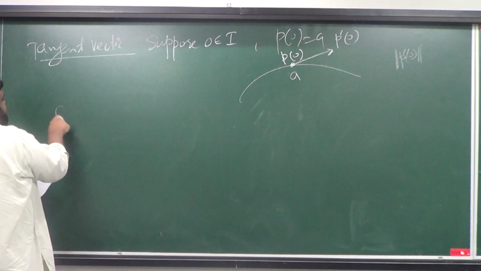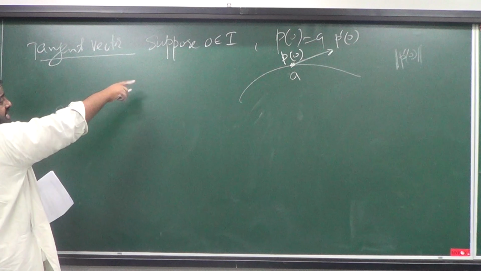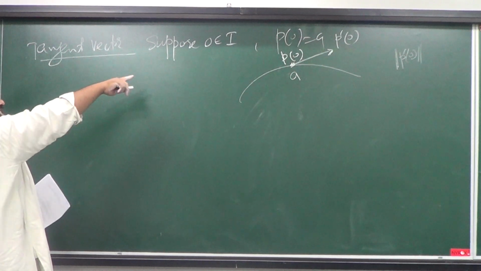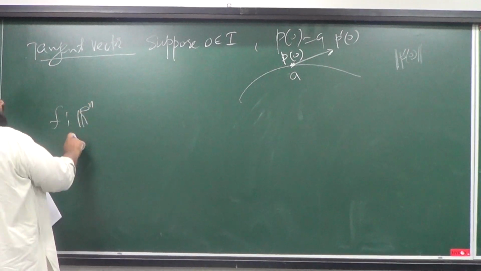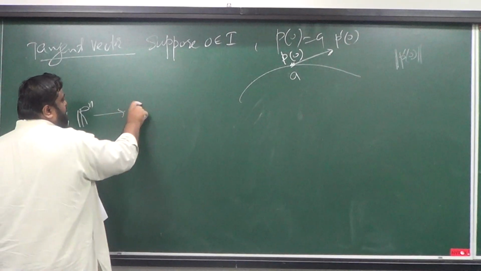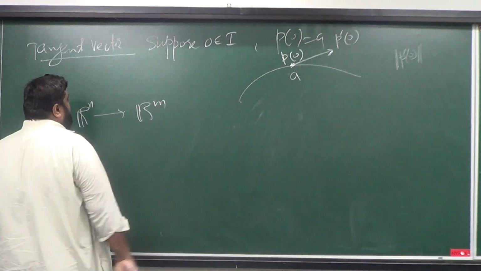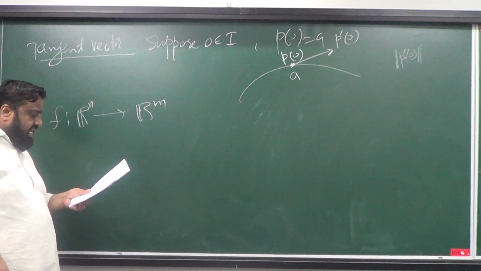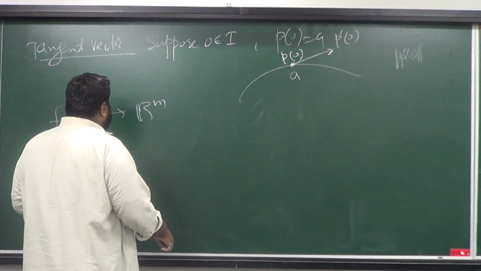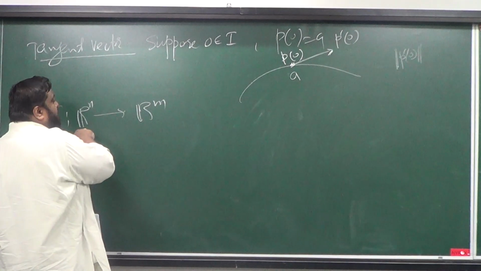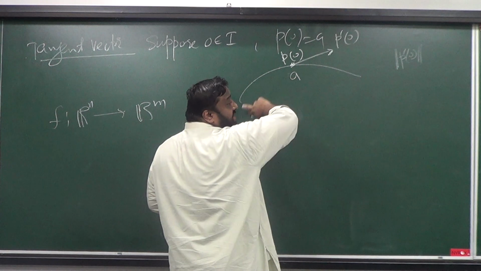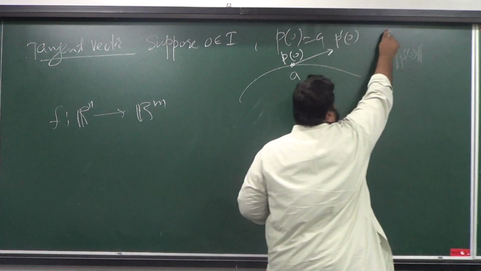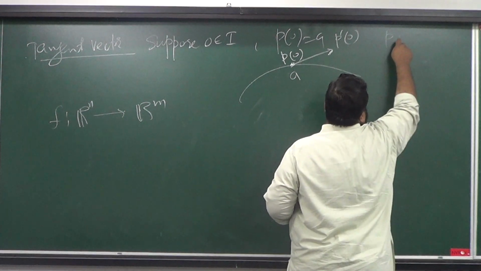Now imagine f is a map. So imagine I have such a curve and a tangent vector over it. And imagine now I'm taking a map f from Rn to Rm. If f is a map from Rn to Rm, and this is a curve in Rn, because p is a map from where to where?